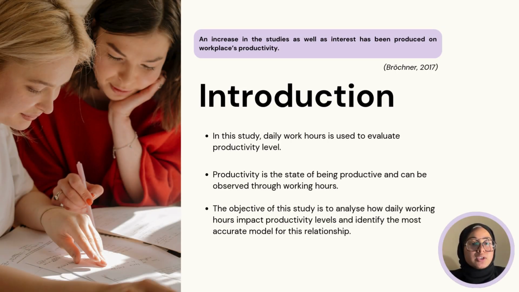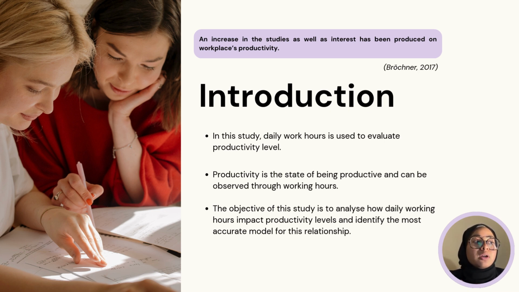Now for the introduction. In this study, we use daily work hours and also productivity level. We want to show the relationship between these two variables. Productivity is often measured by working hours, with labor productivity assessing the output relative to the labor use. This is based from the United States Bureau of Labor Statistics. There are impacts of working hours.